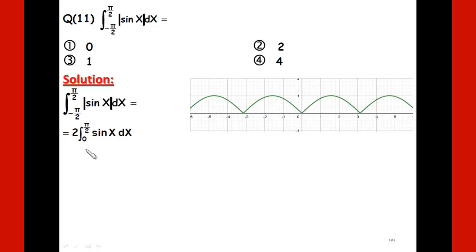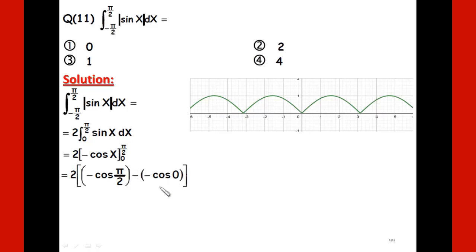What is the integration of sine x? The integration of sine x will be negative cosine x. Now we substitute by pi over 2 and 0. So the result will be 2 times negative cosine pi over 2, first we substitute x equals pi over 2, minus negative cosine 0.